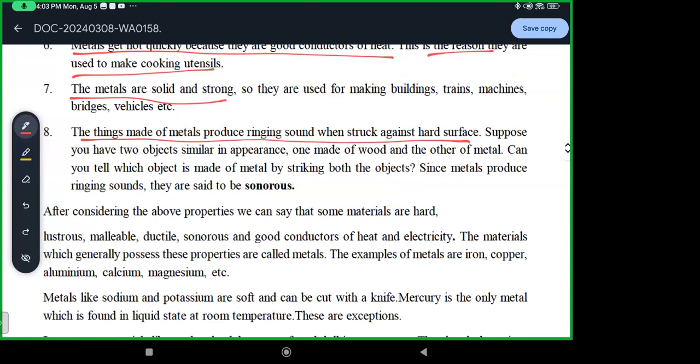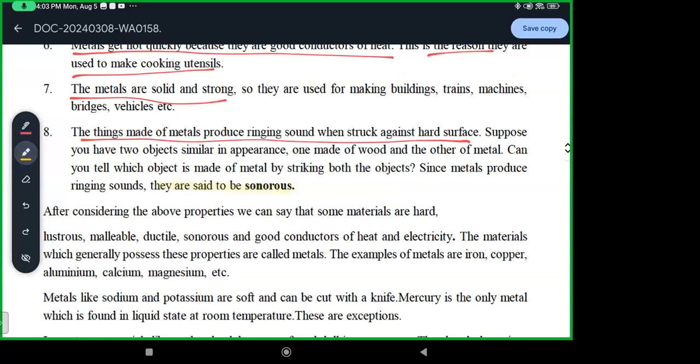Suppose you have two objects similar in appearance, one of wood and the other of metal. Can you tell which object is made of metal by striking both? Since metals produce ringing sounds, they are said to be sonorous. When they are banged against a surface, they produce a ringing sound. This is known as sonorous.